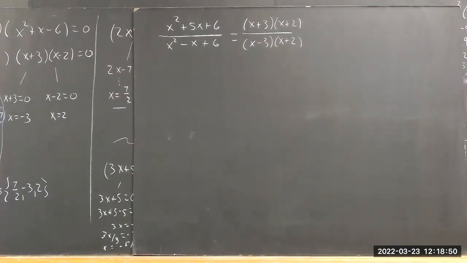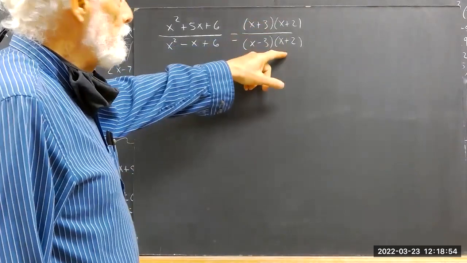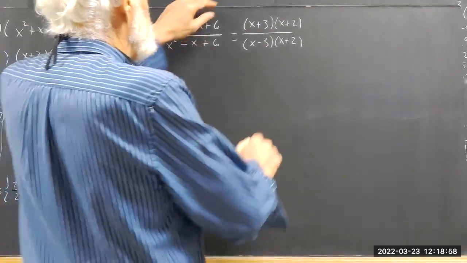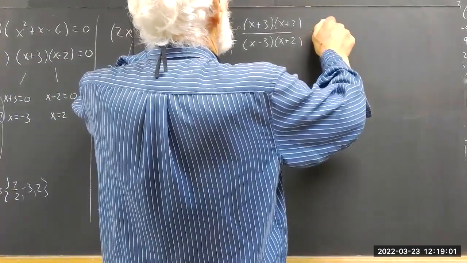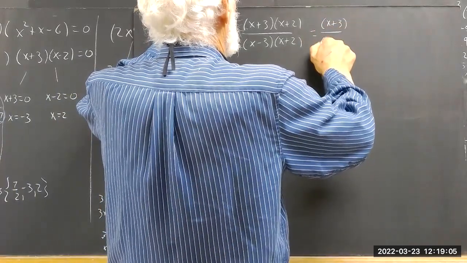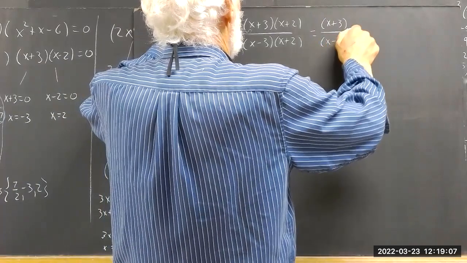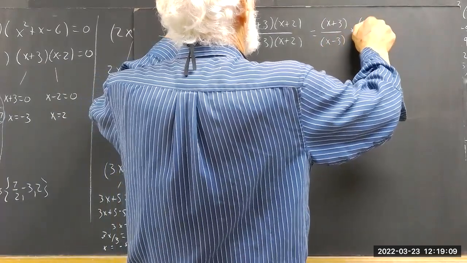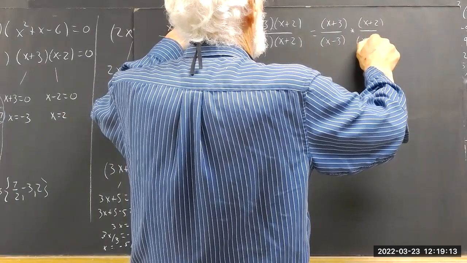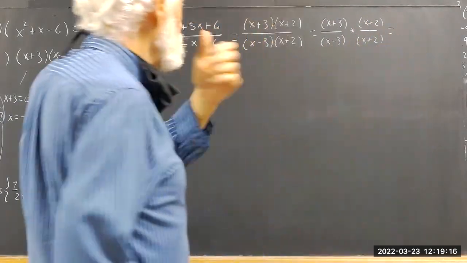Okay. But x plus 2 divided by x plus 2 is just 1, right? So I'm going to write it like this.